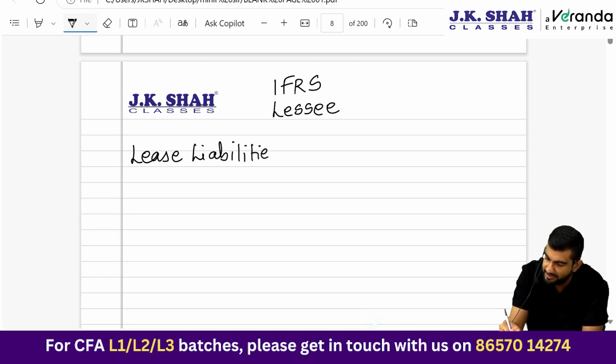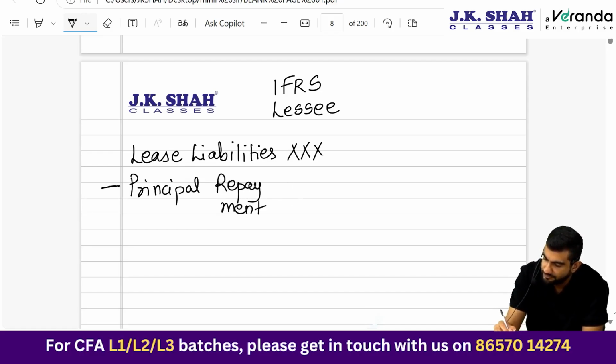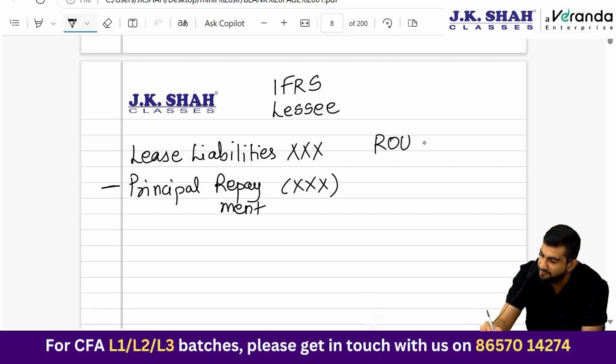Whatever the lease liabilities, you keep on reducing it by the principal portion. And on the asset side, you record an equivalent value, the ROU asset, right of use asset, and you amortize it how? SLM, straight line basis. Okay.